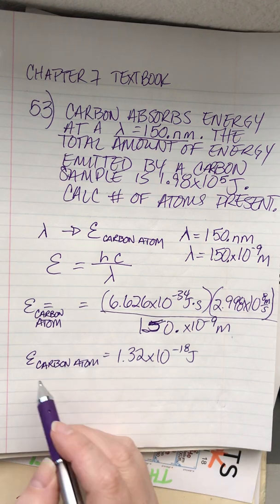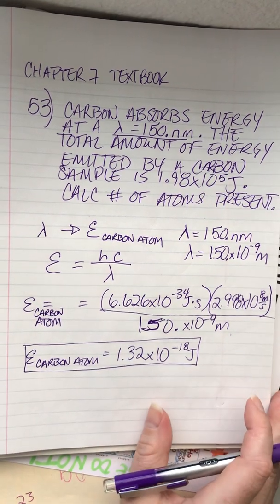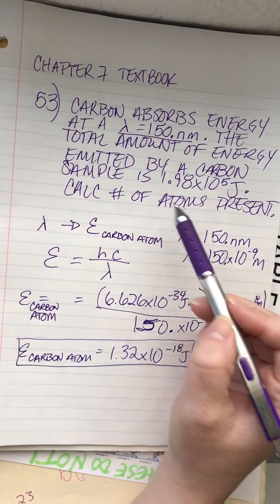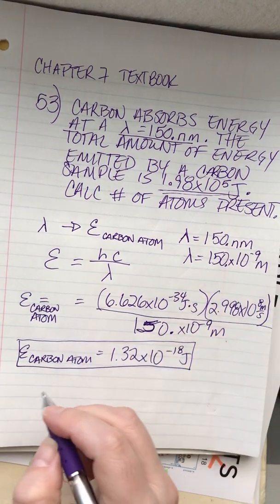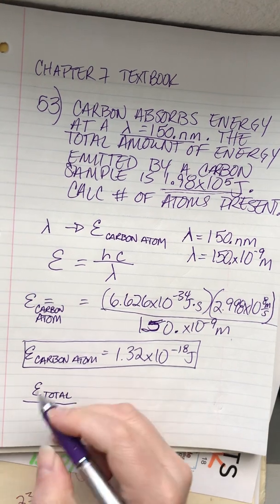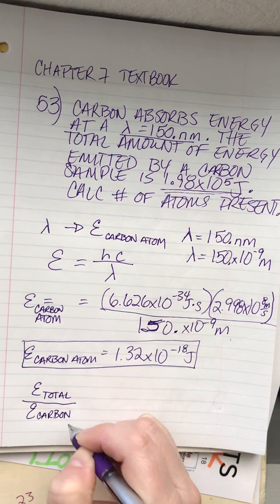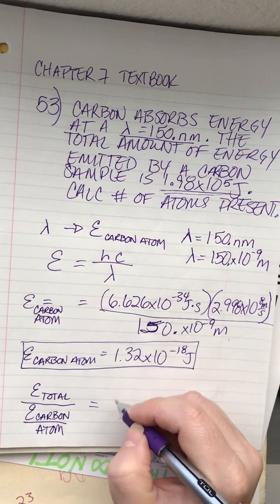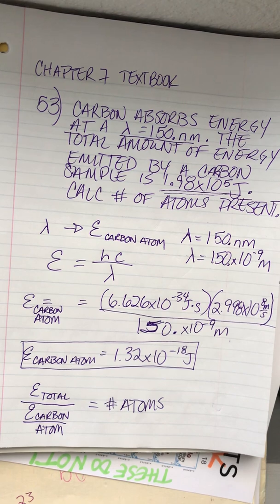Okay, cool. So this is the energy of one carbon atom, right? But we want to know how many carbon atoms there are. We have the total energy of the sample, right? So if we take the energy total and divide it by the energy of each carbon atom, this will give us the number of atoms.